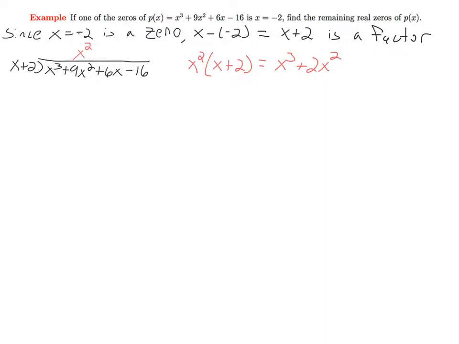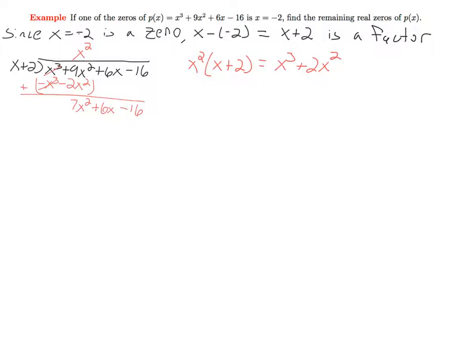And now we're going to subtract this, and that's the same as if we were to take minus x cubed minus 2x squared and we add this. And so here we get the cancellation of the leading terms, and combining the x squared terms gives us 7x squared, and bringing down the remaining terms we get 7x squared plus 6x minus 16.